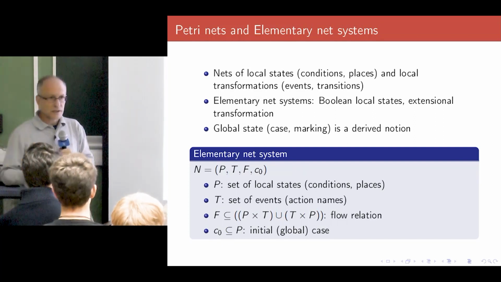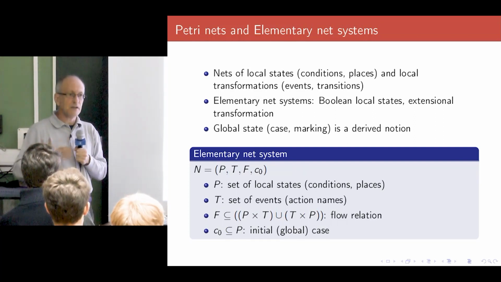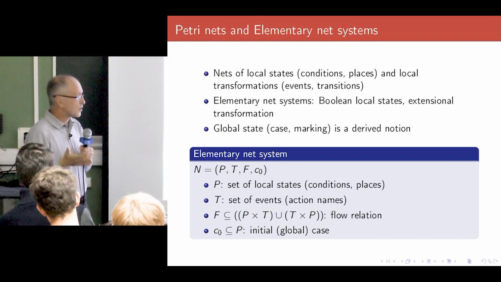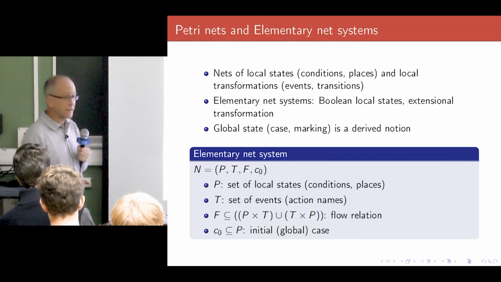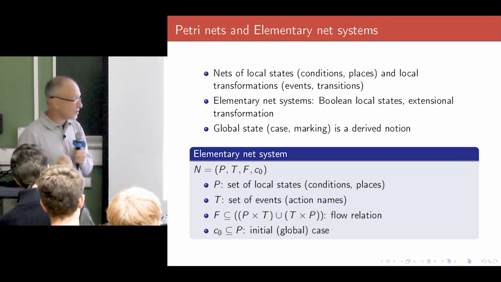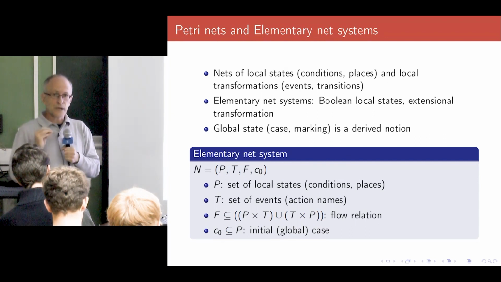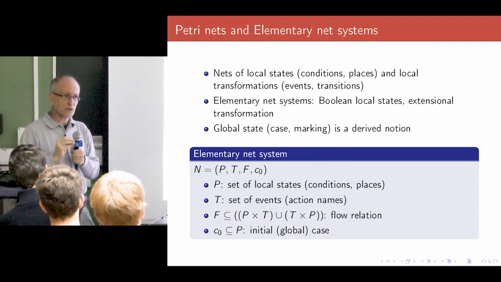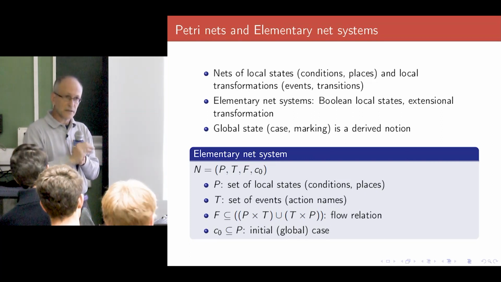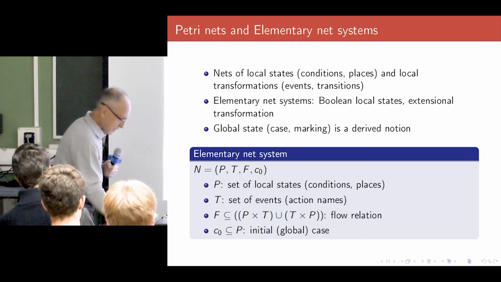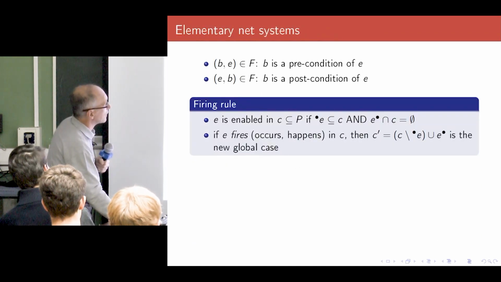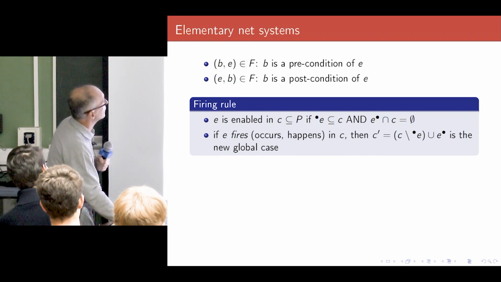But of course, I'm interested in describing how the system can evolve in time. So in my description, there are also actions or transitions or events. This is the set T, and each event or each transition is represented by specifying what the preconditions are for that event to occur and what the effects are in the case that the event occurs. Maybe Petri nets are more easily understood if we look at the graphical representation, which I will give in a while.